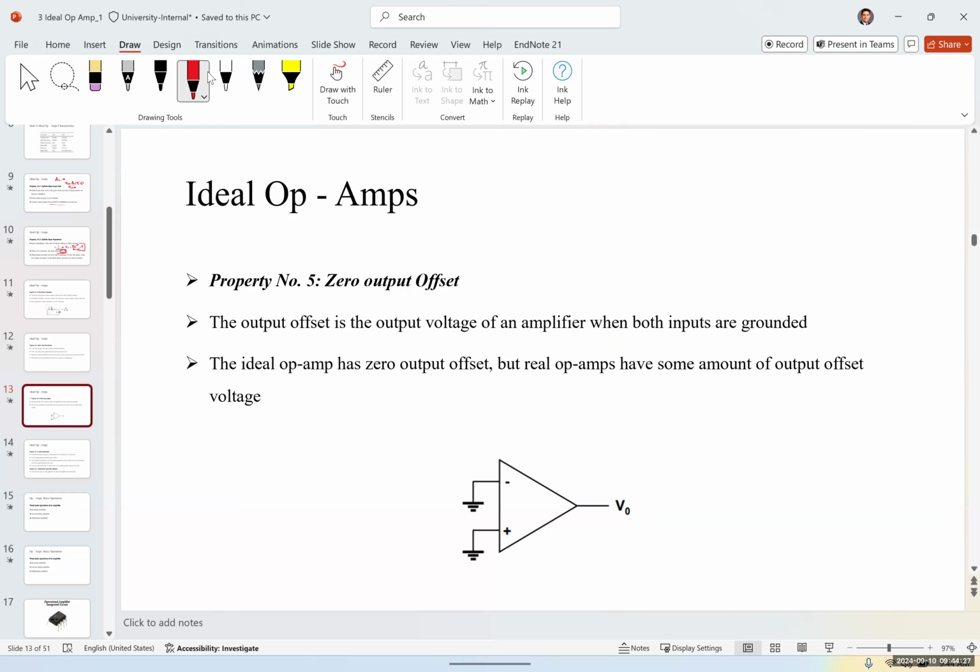Property number 5, we have zero output offset. The output offset is the output voltage of an amplifier when both inputs are grounded. We already learned that if you don't give an op-amp any input, you should get zero output. But in a real world scenario, they have some amount of output offset voltage.